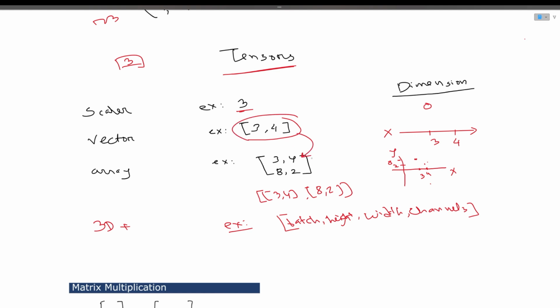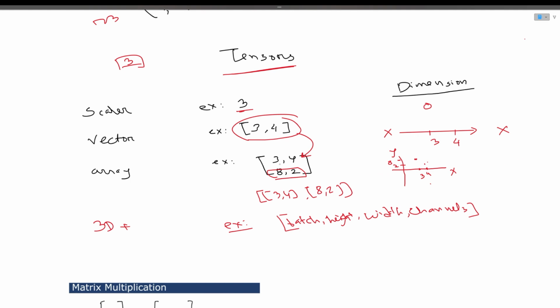We've added that for sure, no issues, but we have added one more, which is 8 2. These 3 and 4 values are part of the x-axis, no issues, but these 8 and 2 are part of the y-axis, no issues, okay?